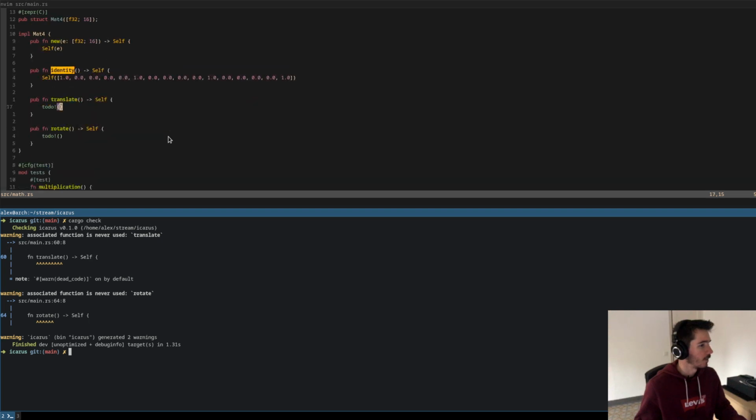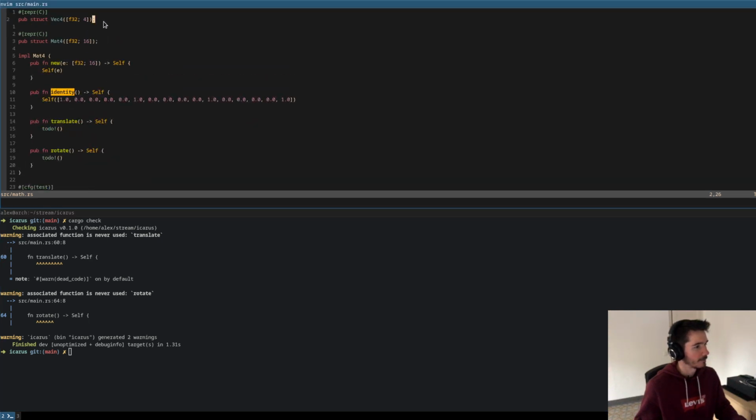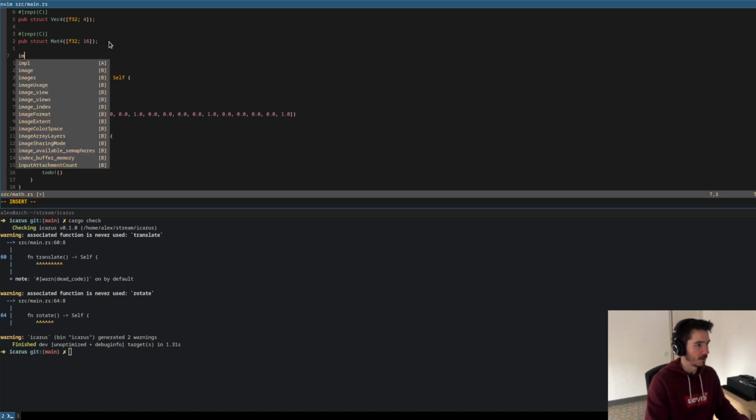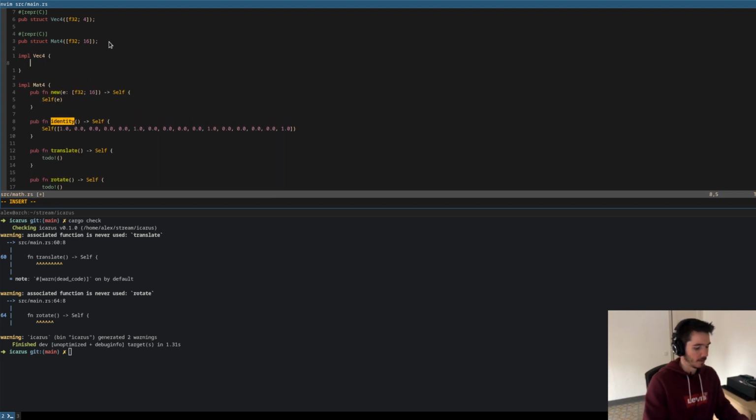So now I'm gonna add an implementation also for vector 4. Fn new takes also an array.